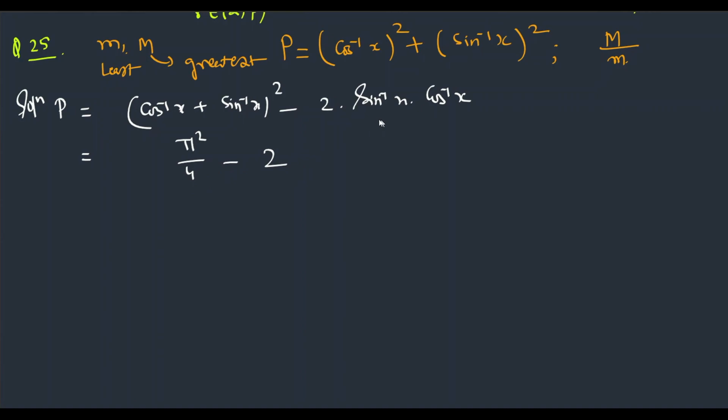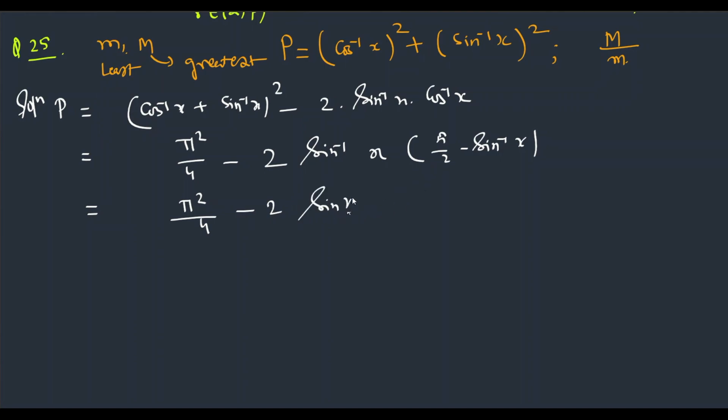Now we convert into one inverse function. So cos inverse x I can write as pi by 2 minus sine inverse of x. So this will be pi square by 4 minus 2 sine inverse of x into pi by 2, and next 2 sine inverse of x whole square.